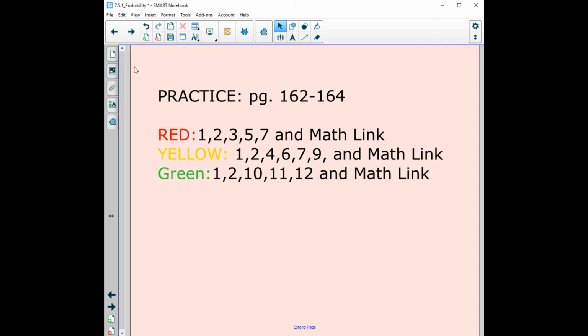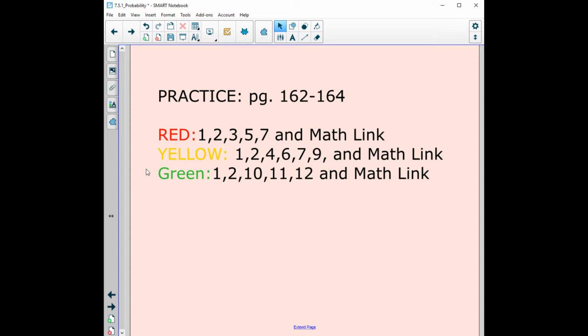All right, that's it for the first section. I want you to go to your textbook and do these practice questions, pages 162 to 164. The red question bank is if you're not feeling super confident about this. These are the ones I want you to for sure be able to get done.